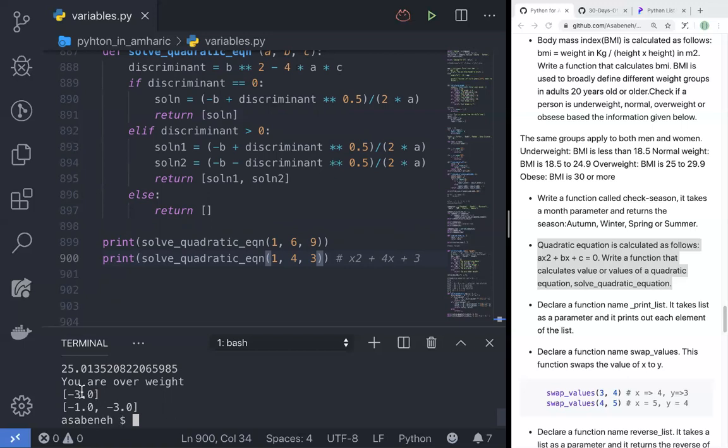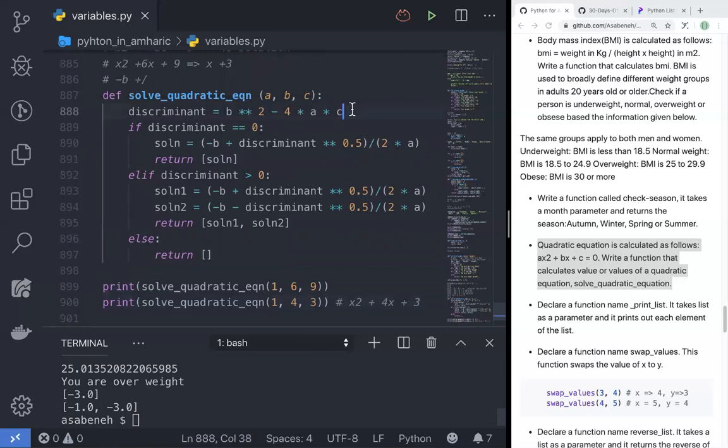But if we want to change it to a set, do you remember a set? We can return it as a set. I think we can have this.